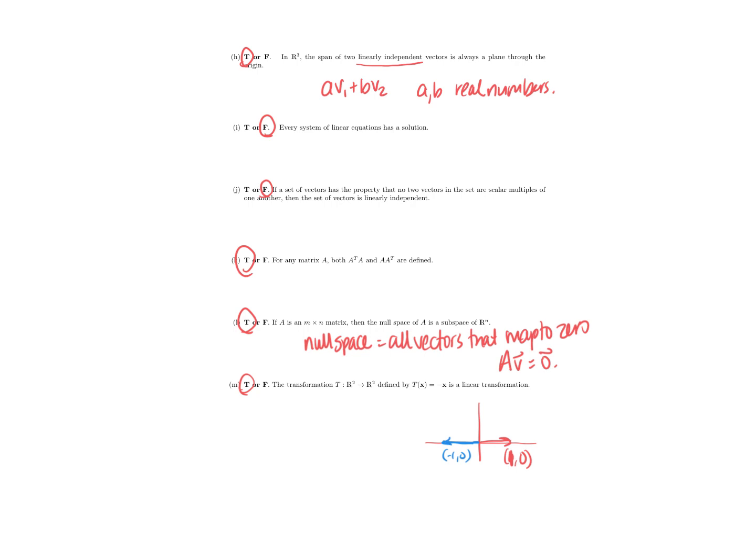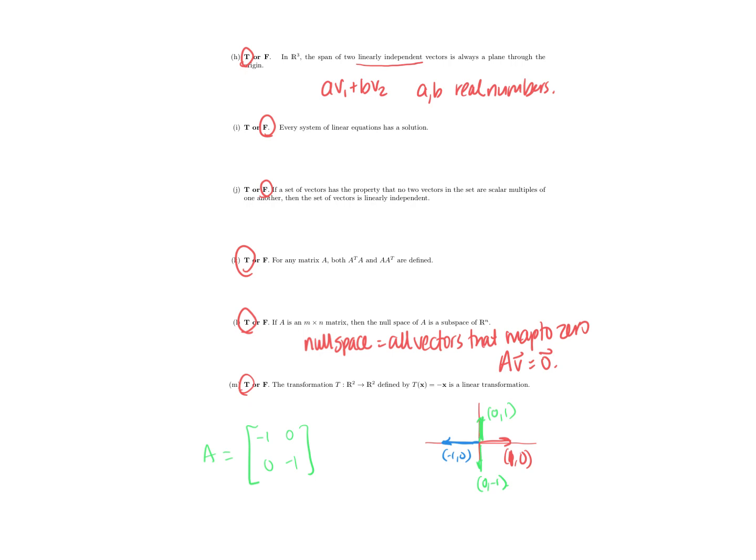And it takes (0, 1) and maps it to (0, -1). And so the matrix for this transformation is [-1, 0; 0, -1]. So since it's a matrix transformation, it's a linear transformation.